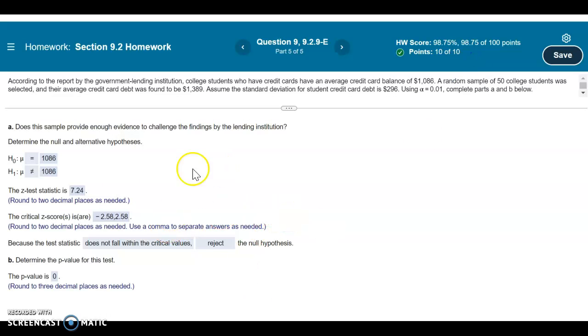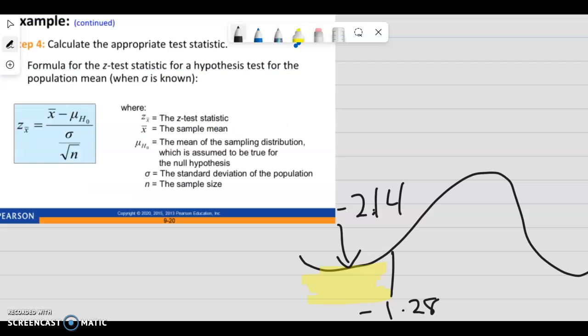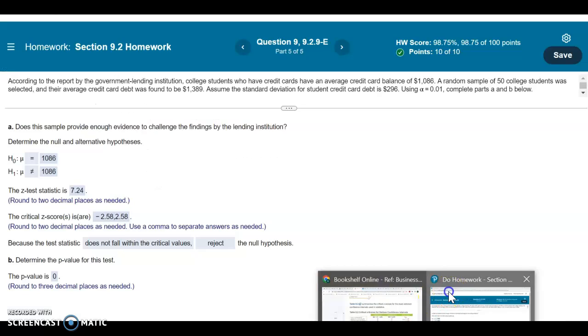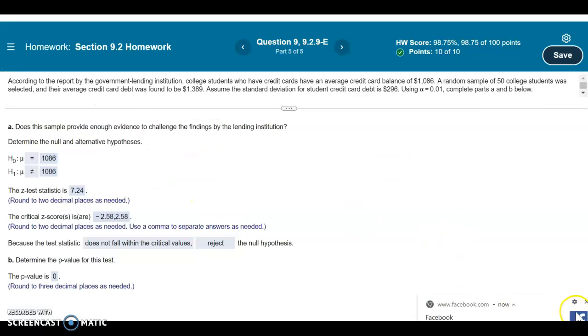I will do another video on that, and I'll show you how to work 9 and 10 using Excel. Even though I have been using that formula technically already, when we got the test statistic, I showed you in Excel how I got my test statistic. It's the same thing, but the difference is we're going to format it with labels.